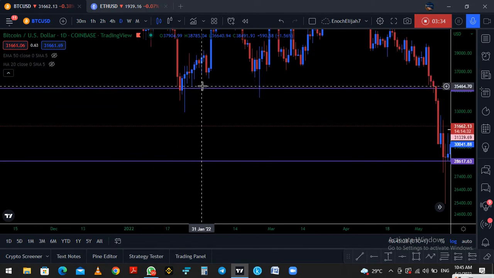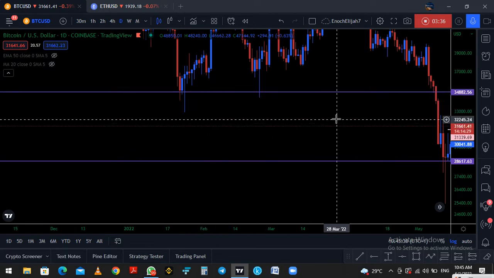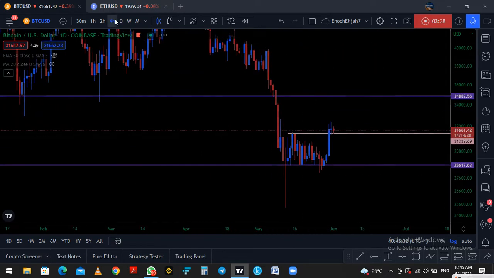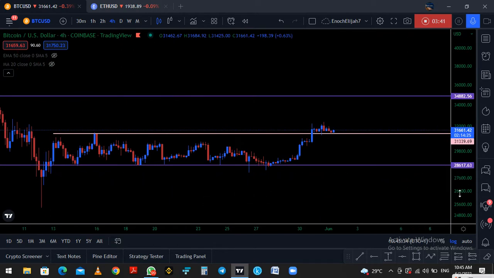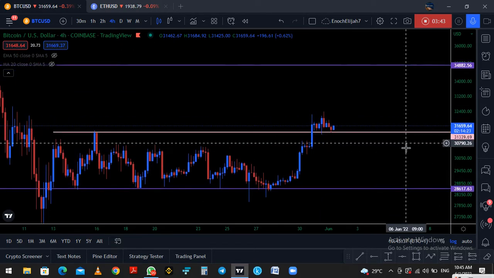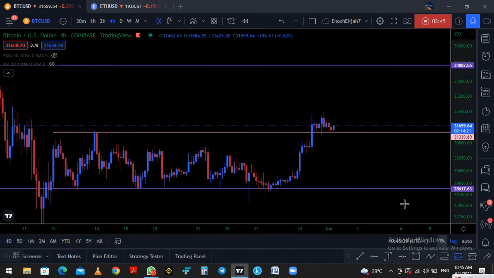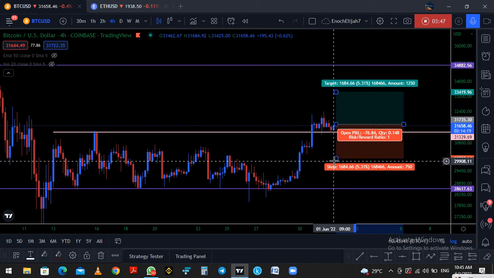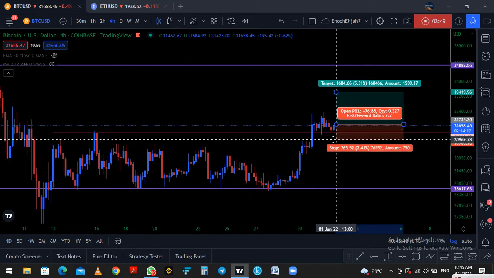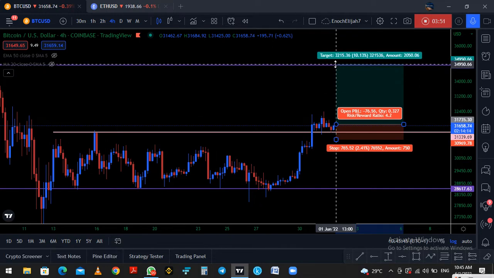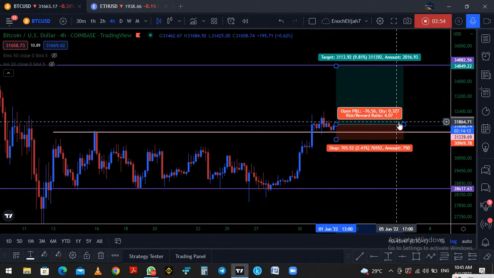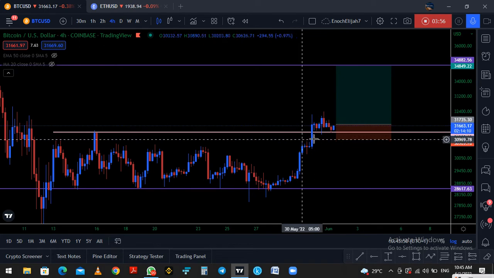Yeah, so I'm buying to this level. For a good swing trade, buy to this level, with stop loss below that zone.